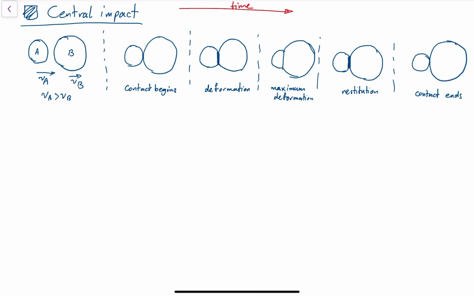So as body A approaches body B, eventually it comes to contact. And in this case, let's draw it here. These are not forces, these are velocities. B will have VB1 before the contact, and body A will have VA1. So that's where contact begins.